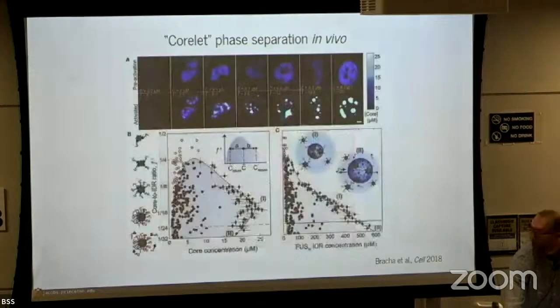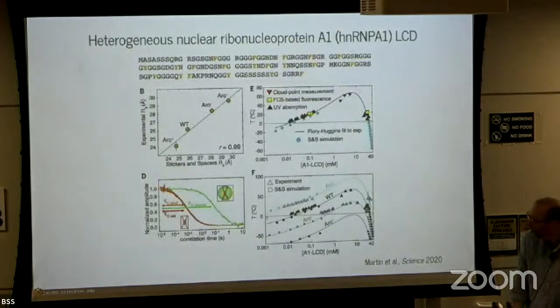Okay. So for one more example, we can look at something that's a bit closer to actual biology. From this really nice paper a couple years ago, investigating the sequence dependence of the phase behavior of an intrinsically disordered protein, A1-LCD. LCD means low complexity domain.